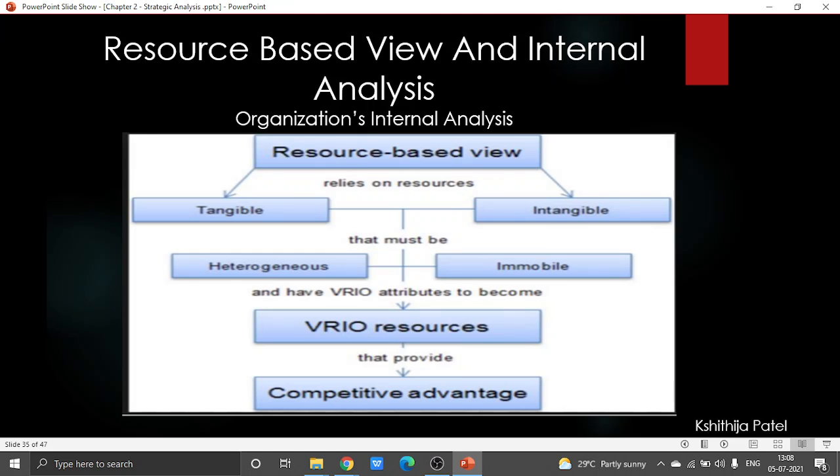And in the previous class, I explained what this sustainable competitive advantage is. It inspects the uncommon assets that empower and enable the organization to compete.